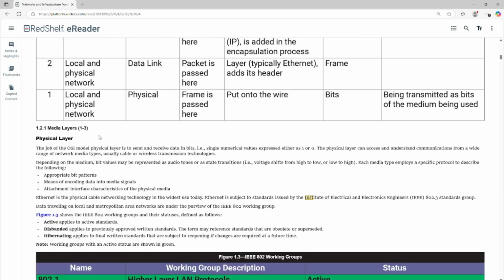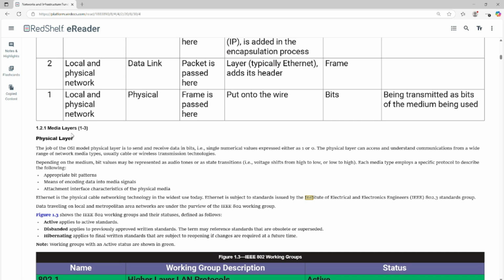Okay, we're going to dive a little deeper into the 7 layers of the OSI model. Before we proceed with the physical layer, which is layer 1, I just want to call your attention here. The OSI model has 7 layers. Layer 1 right up to layer 3 is what we call the media layers.